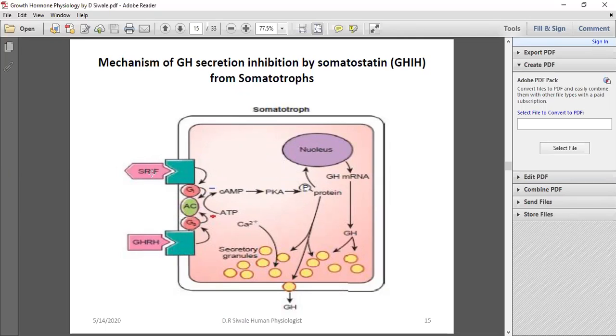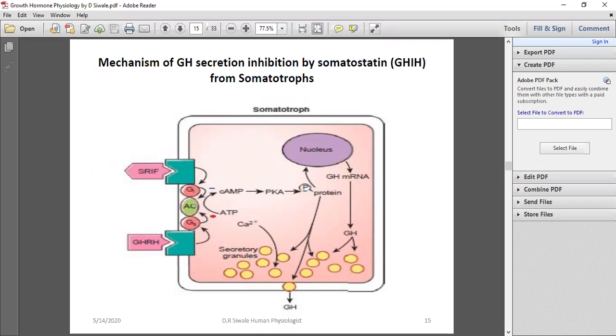So if you have a patient with high levels of growth hormone, like in conditions such as gigantism, acromegaly, where there is abnormal growth, the best is to administer a drug that will inhibit the activation of adenylyl cyclase.